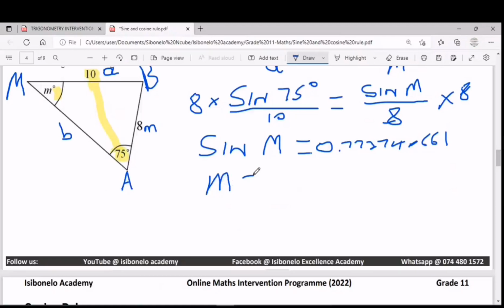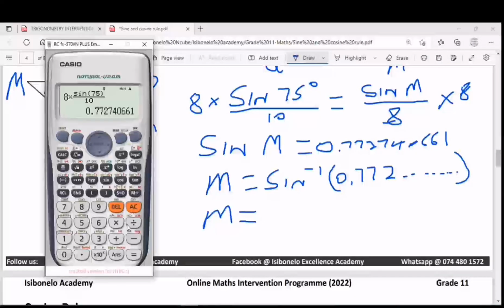So M is equal to the inverse of sine, that is sine exponent -1, then you put in the whole number, 0,772 and it continues, you enter the whole number. Then on your calculator you press shift sine, then the inverse of sine, and it gives you the angle M.